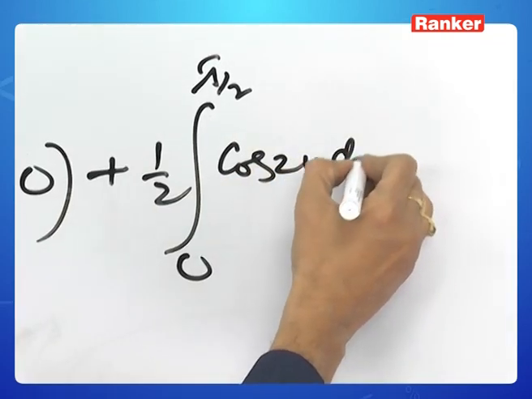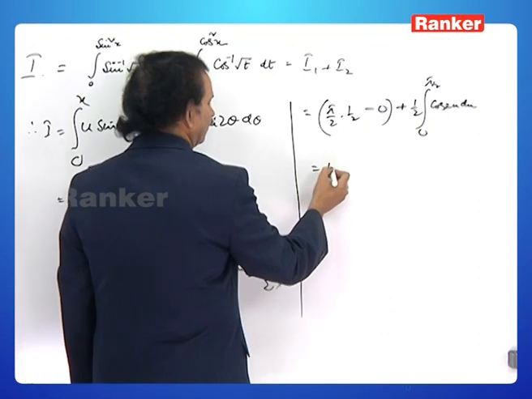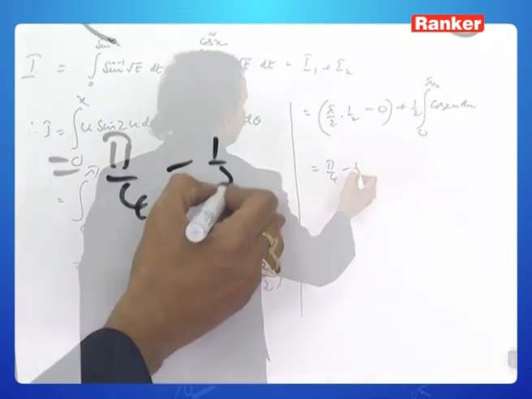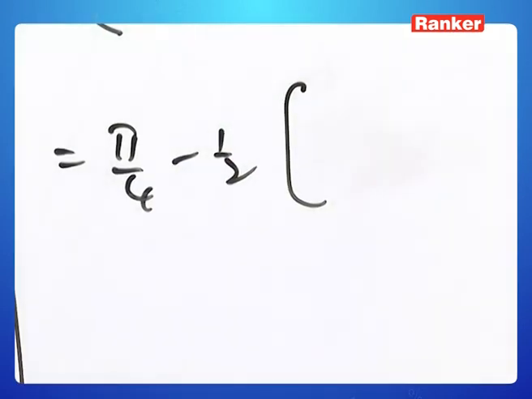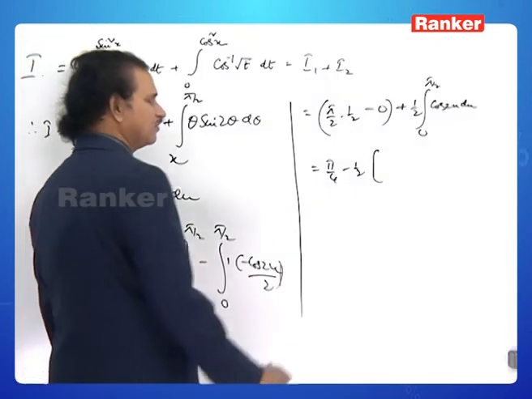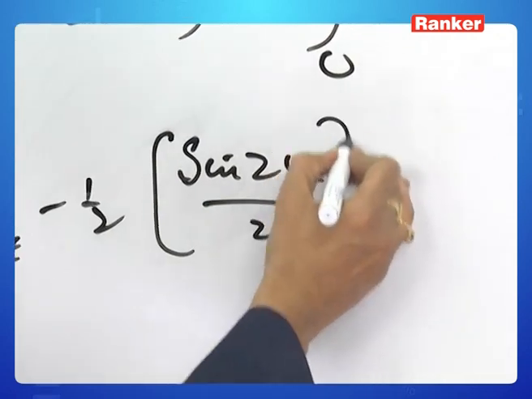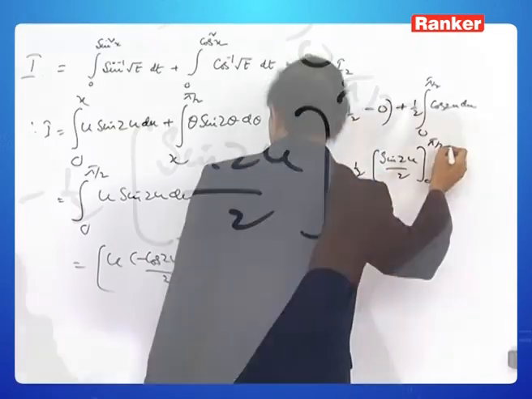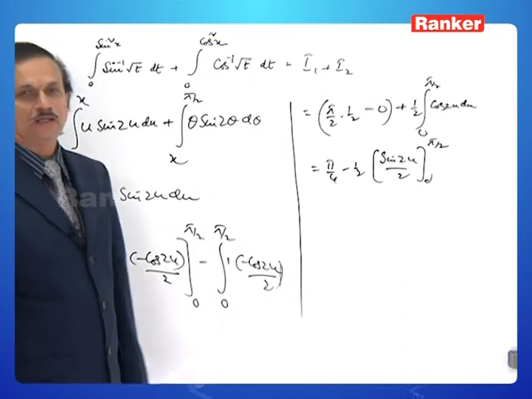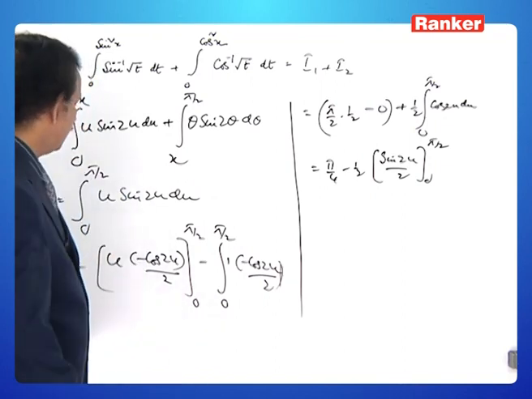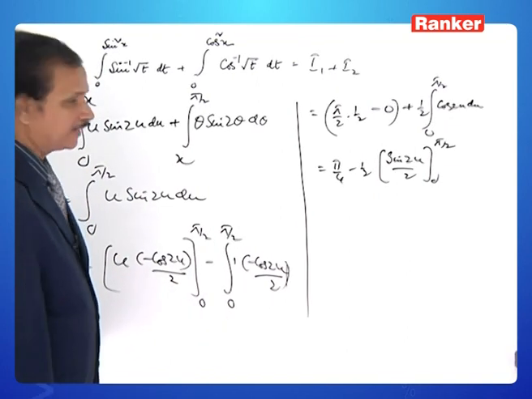Cos 2u du is equal to pi by 4 minus 1 by 2 into, what is integral of cos 2u? Sin 2u by 2 between the limit 0 to pi by 2, isn't it?